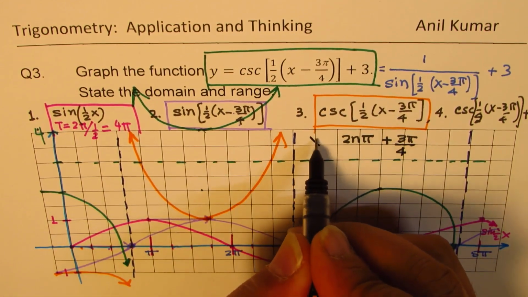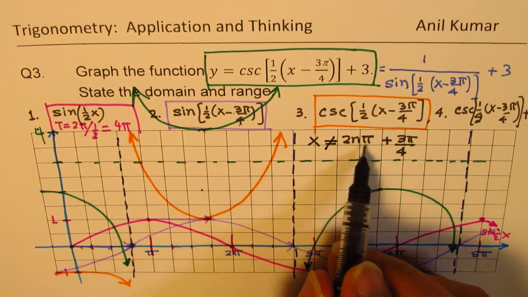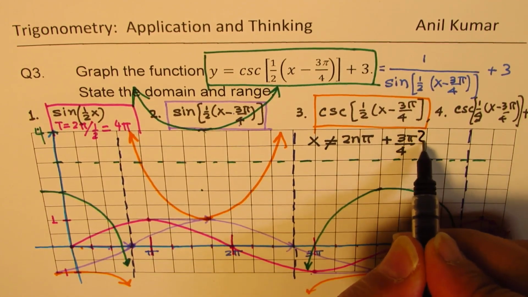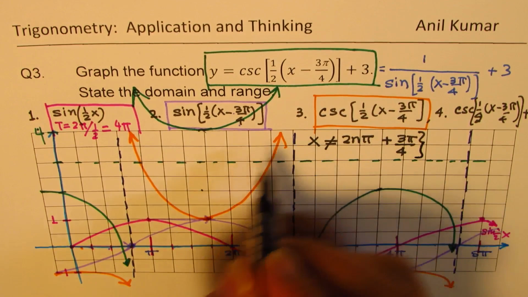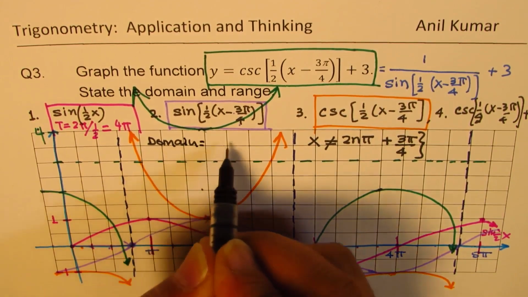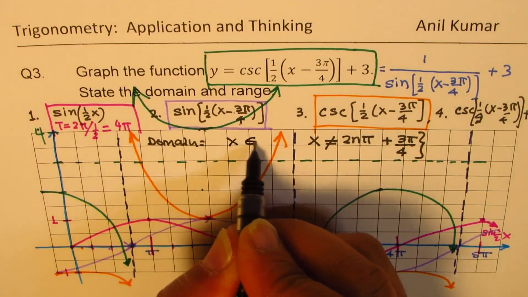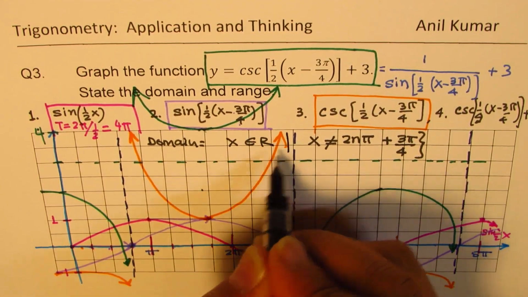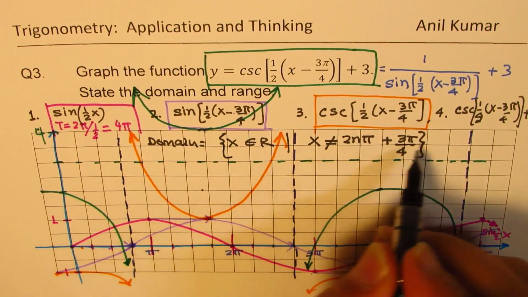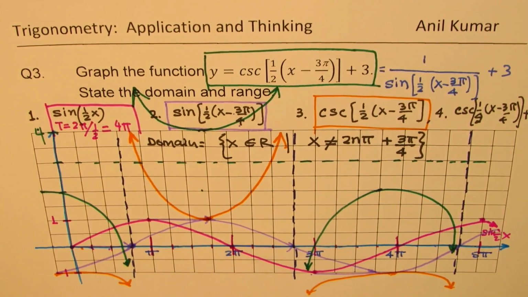So basically x is not equal to 2n pi plus 3 pi by 4. Is that okay? So the domain can be written as x belongs to real numbers such that x is not equal to 2n pi plus 3 pi by 4. Those are the vertical asymptotes.